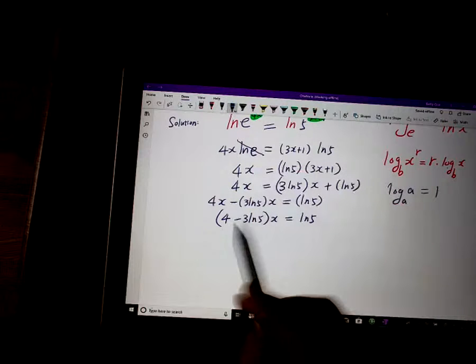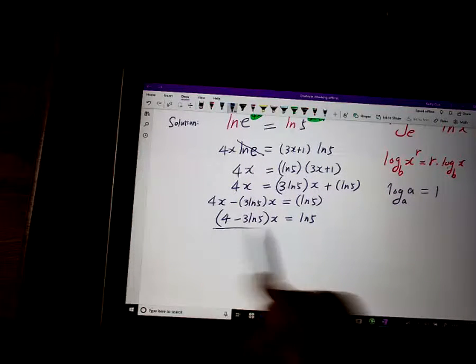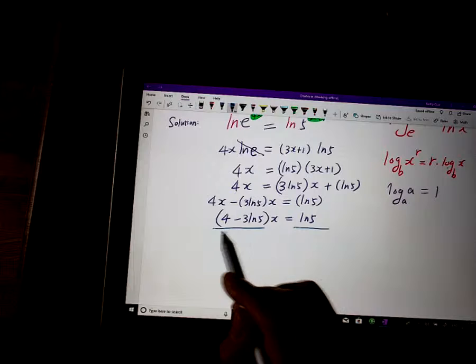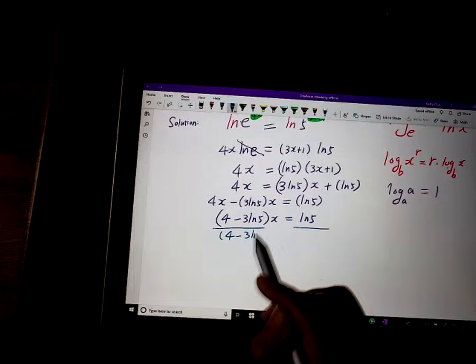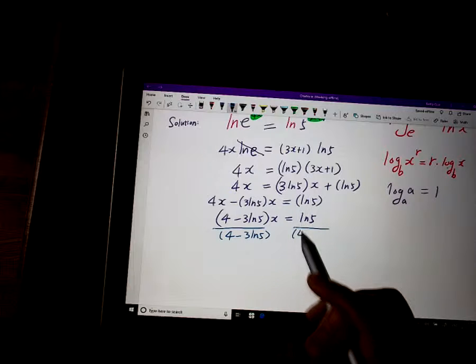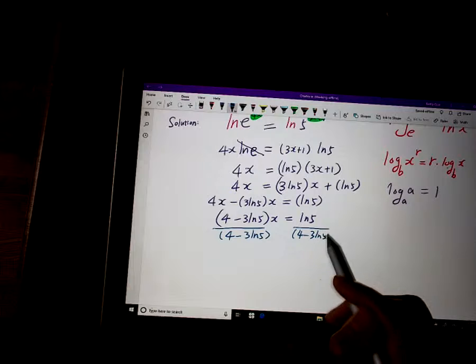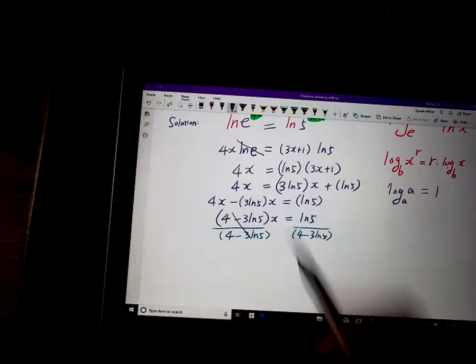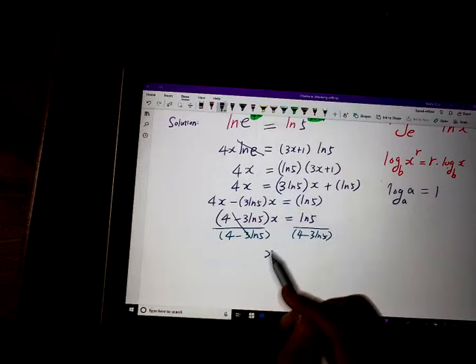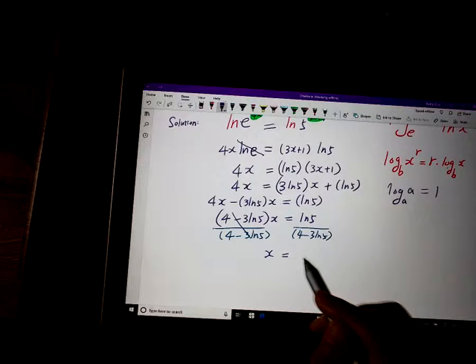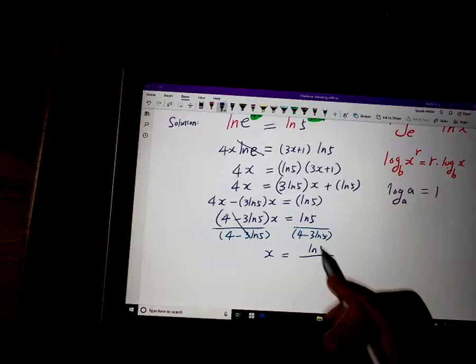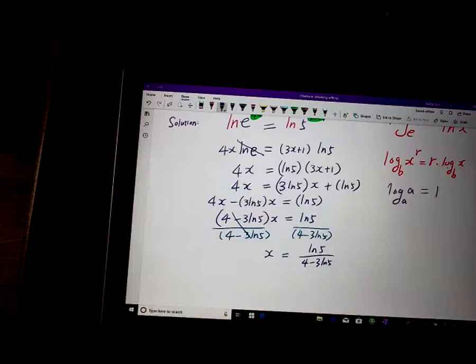In order to isolate x, to solve for x, we divide both sides by 4 minus 3 ln5. They cancel out, and x is isolated by itself on the left. We have x equals ln5 over 4 minus 3 ln5.